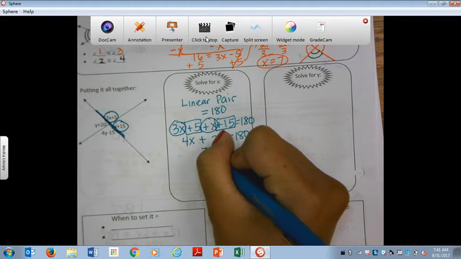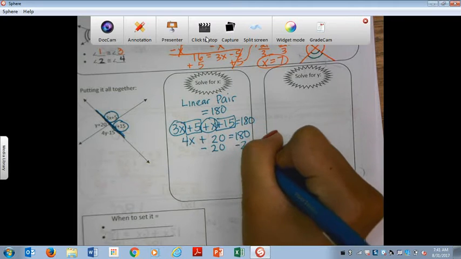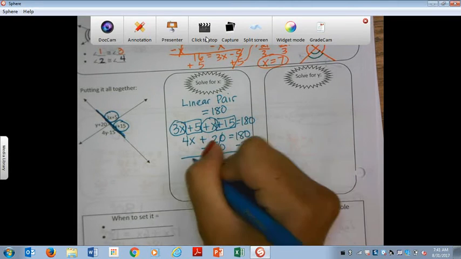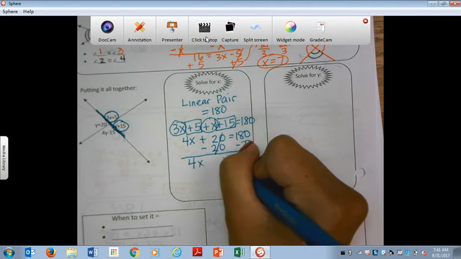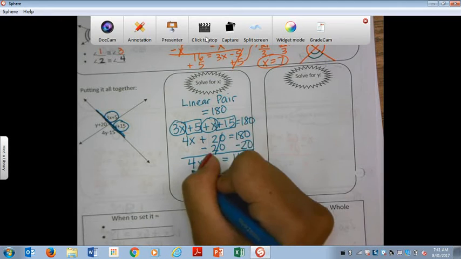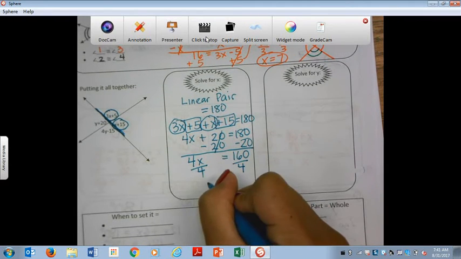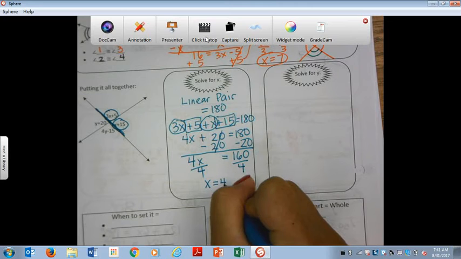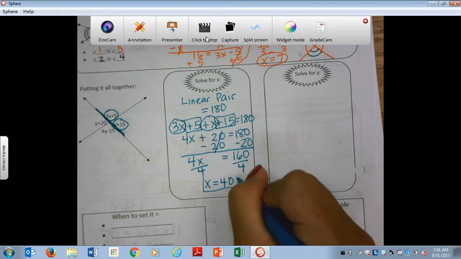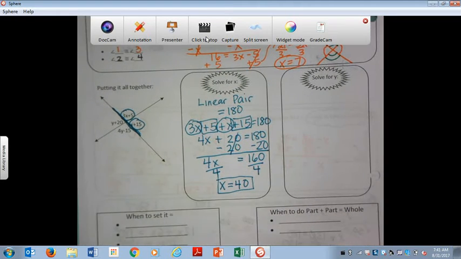You subtract 20 on both sides, and you're going to get 160. You divide by 4, you divide by 4, x is 40. So now we figured out what x is. Let's plug that in to make sure we did it right.